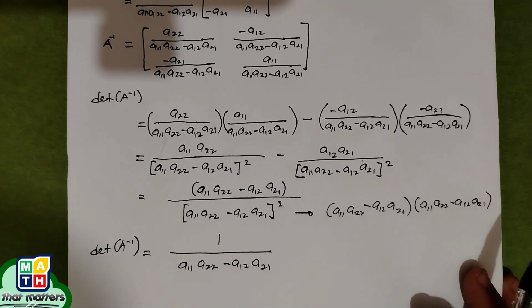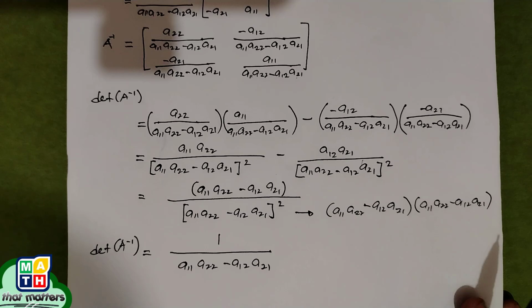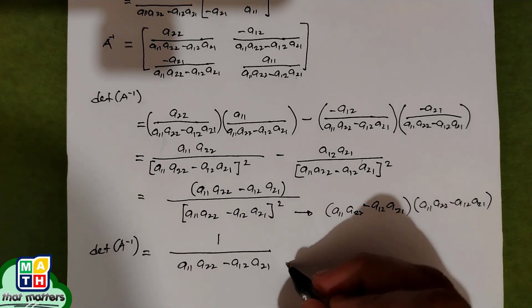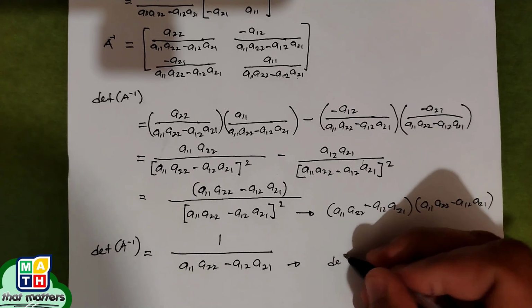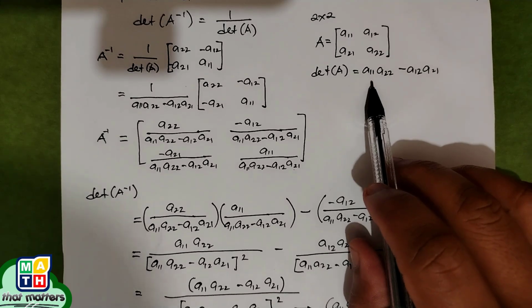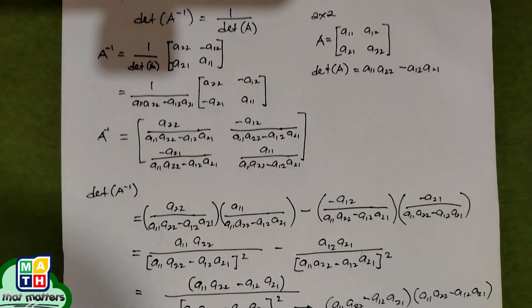And what was the relationship that we were trying to look for earlier? What is this? This is just simply the determinant of A as shown earlier, A11 A22 minus A12 A21.